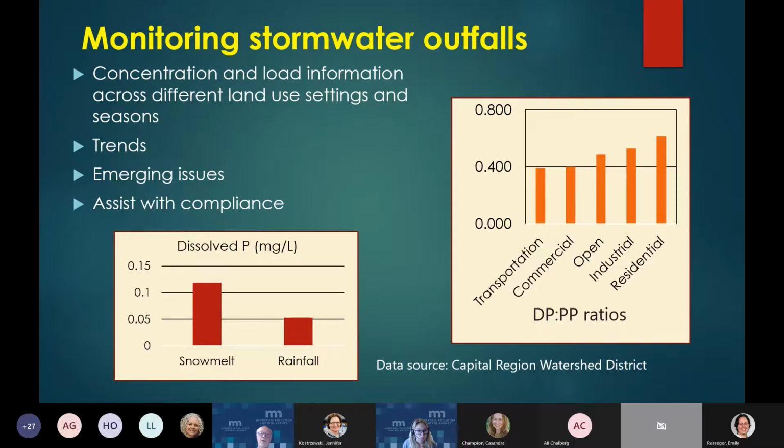There's also this information on land use to the right here. We know that dissolved phosphorus is more prevalent in residential areas, and that makes sense because that's where you've got more leaves. These outfalls, we can look at them for trends. It can help us identify these emerging issues, and it can help assist with compliance also. Next slide.